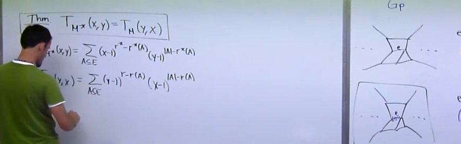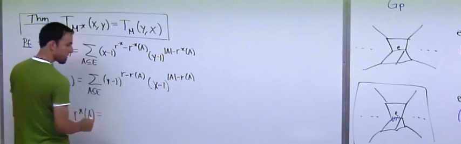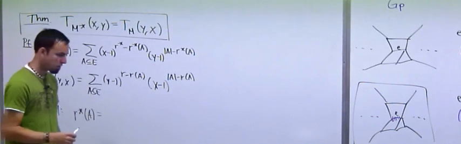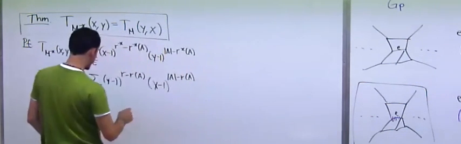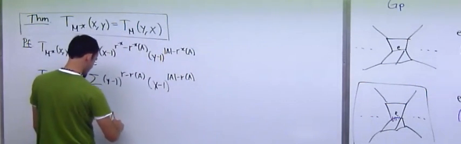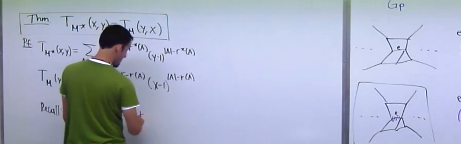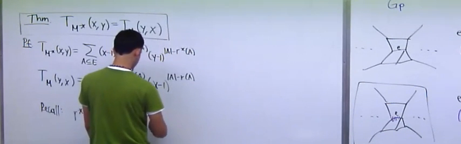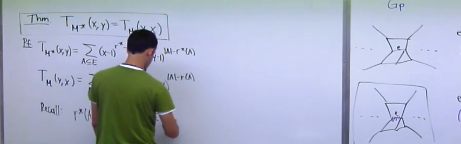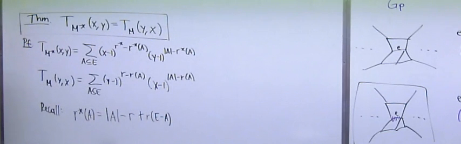So what was the rank in the dual matroid of A? I had to go look this up. I couldn't remember it. It goes like this. Size of A minus rank of the matroid plus rank of E minus A. Okay.